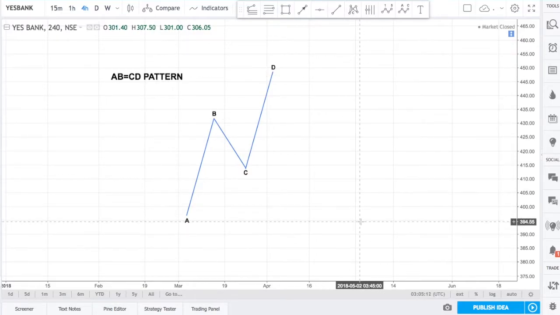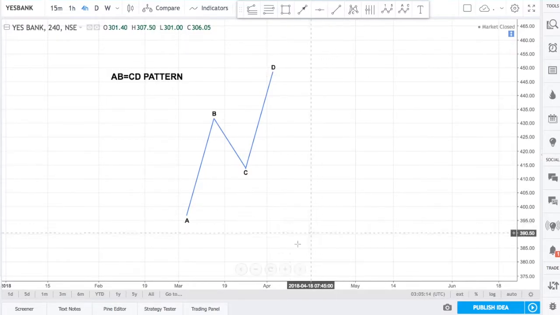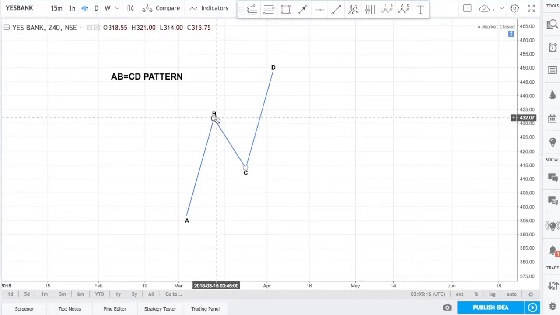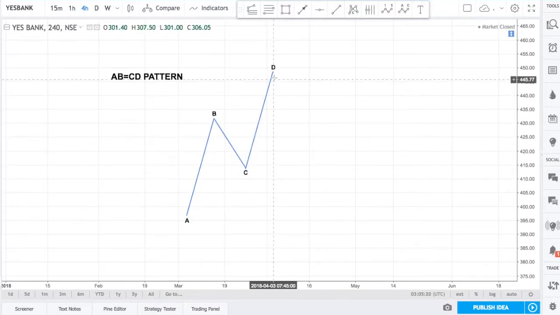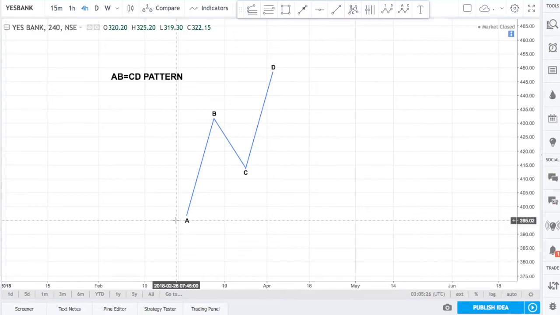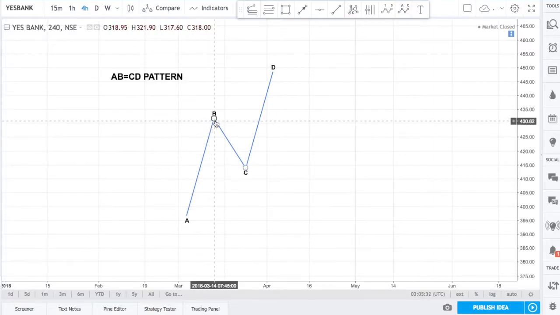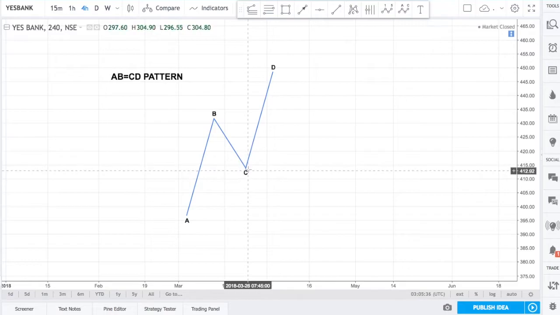This pattern has got three legs: the AB leg, the BC leg, and the CD leg. The AB leg extends to a certain point, after which a minor retracement happens. This retracement is the BC leg.